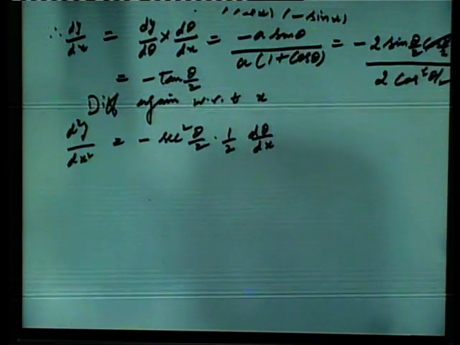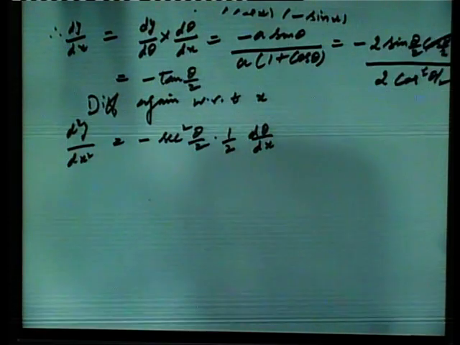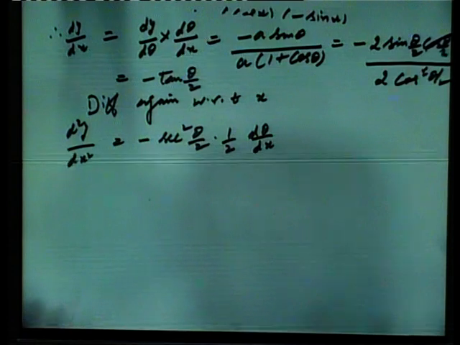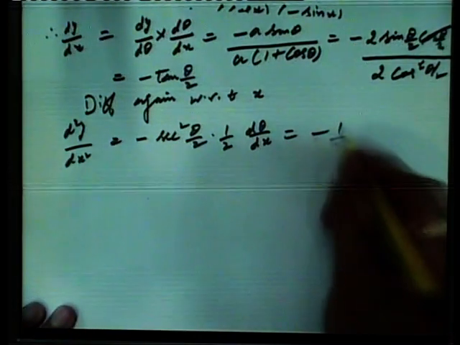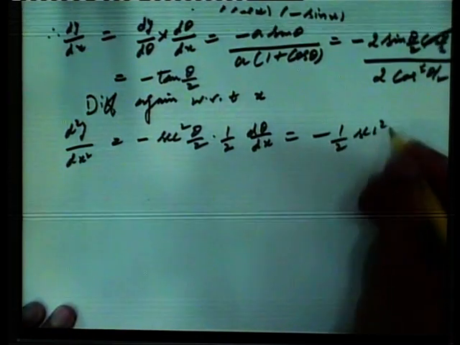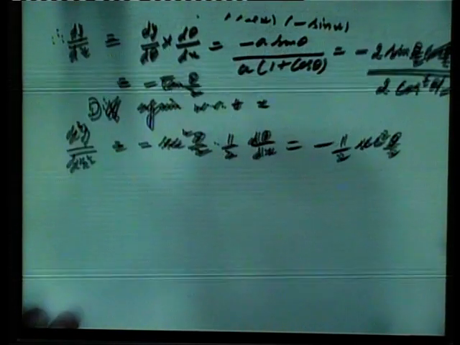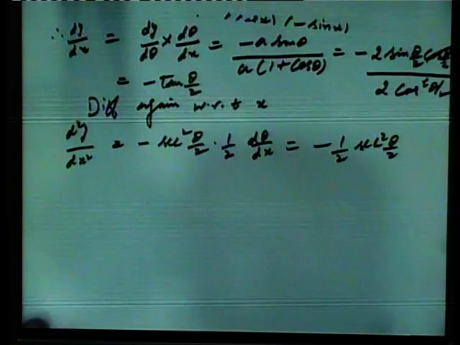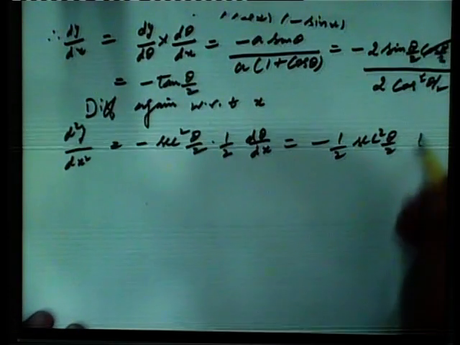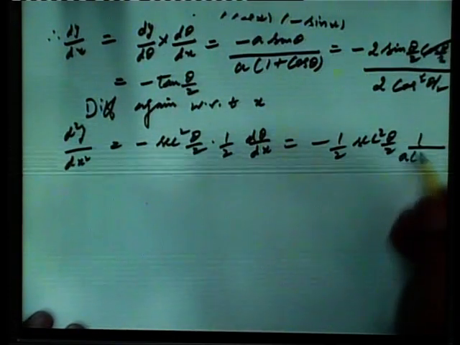So, you see that minus 1 by 2 secant square theta by 2. And d theta by dx you know from equation number 1: dx by d theta is a (1 + cos theta).